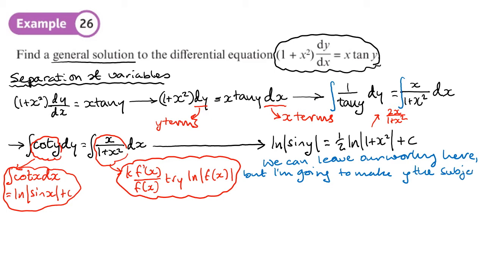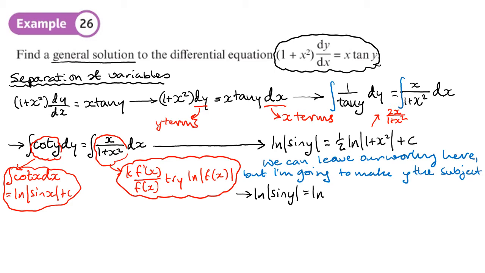So I'm just going to do a few more lines of working, which is sort of optional. So this next bit here I would suggest is optional. Right, so the first thing I'm going to do is take that half. So I'm going to write log sine y, take that half and write it as a power.